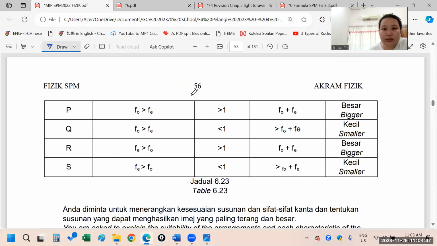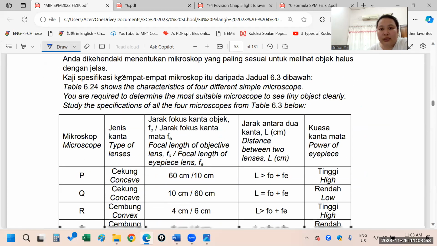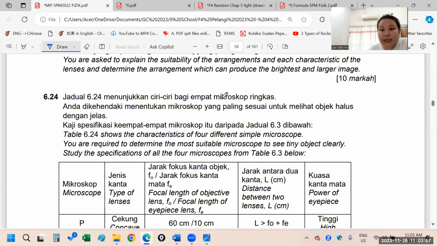And 56. And 6.2 for page 56. This is a microscope, a simple microscope.